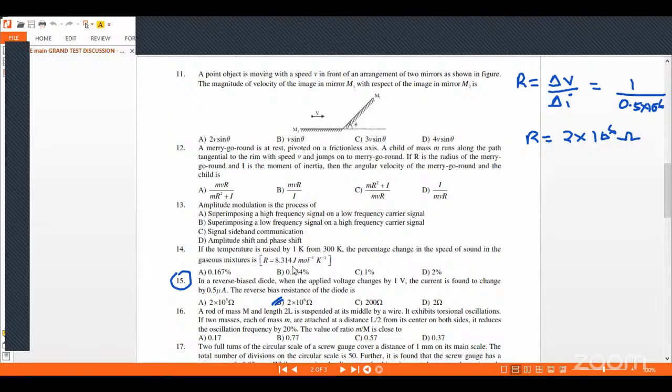Anyone got an idea how to solve this 16th question?